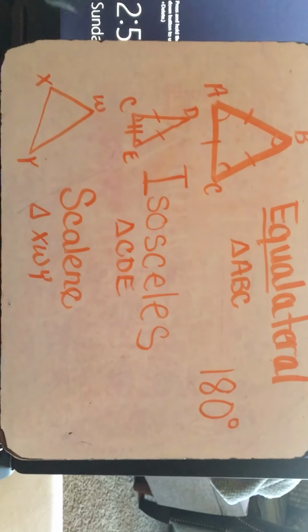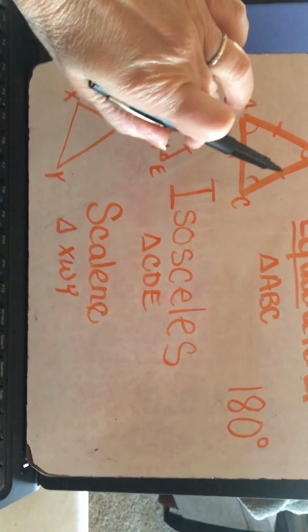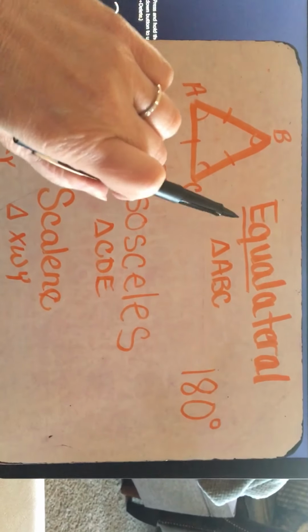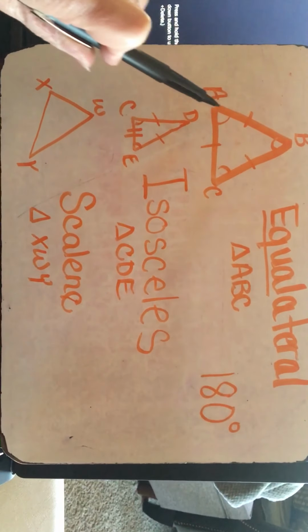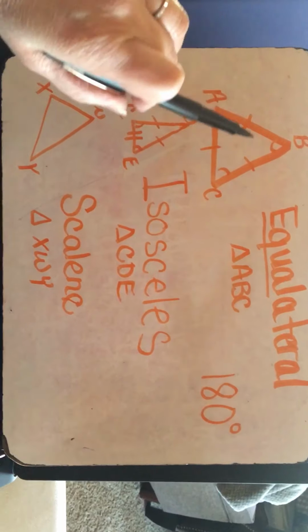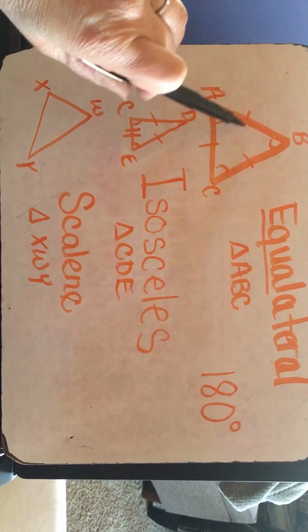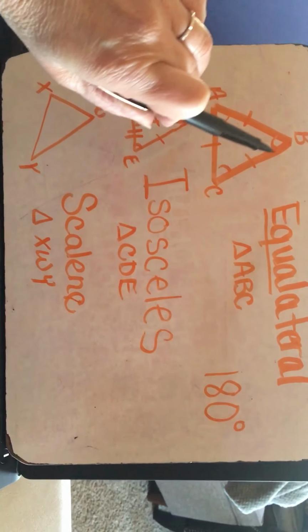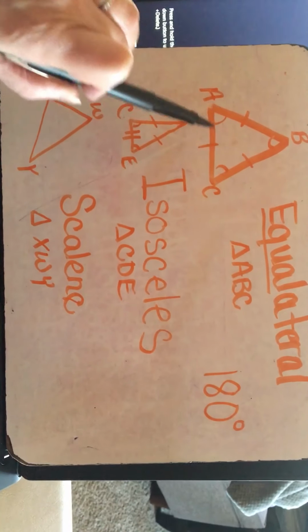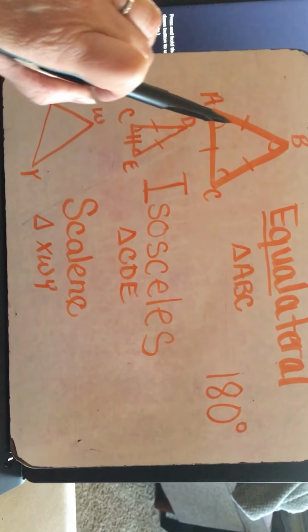Notice how I have these little slashes here. In an equilateral triangle, you see the word equal. That means that all of these lines are equal. I put a slash here because that line is equal to this line is equal to this line, and then all the angles are equal. They are the same.